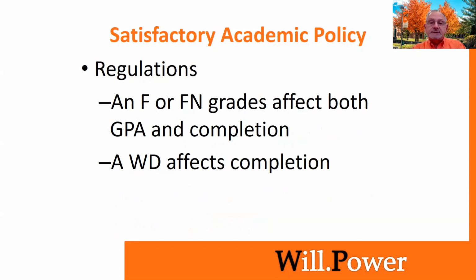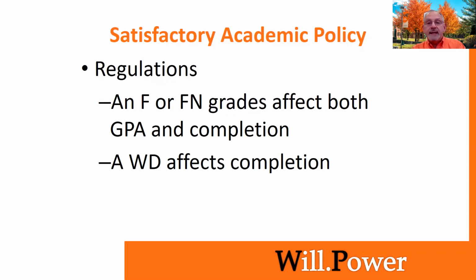The regulations show us that an F or an FN grade affects both the GPA and completion. An F grade is when you fail, meaning you complete a course and earn an F. An FN grade is when you stop attending a course.